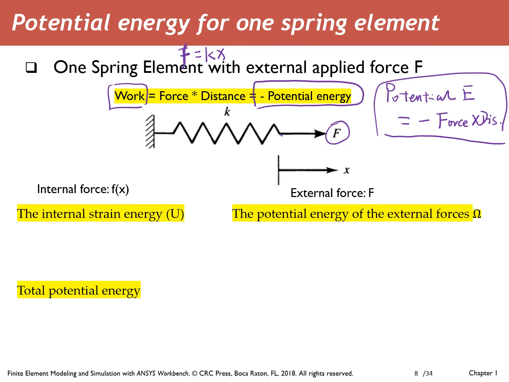As a result, we apply force and there's displacement, and the work done by this force will be F times X. Notice that this external force is a constant value, so we can directly apply the force times distance relation. That leads to the potential energy, which is negative work, equals negative force times X. So the external force does positive work to the system, and that means the potential energy of the external force will be a negative value.